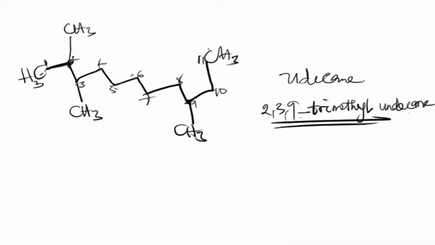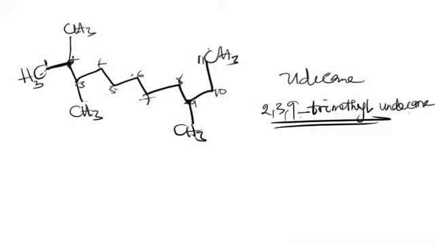So we have 2,3,9 trimethyl. So this 2,3,9 is indicating the positions of the methyl. So we have methyl at position 2, methyl at position 3, methyl at position 9, all separated with a comma, 2,3,9.